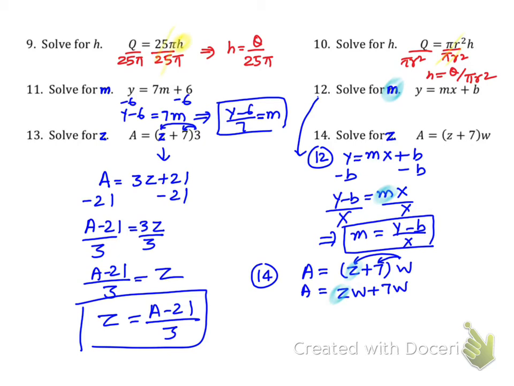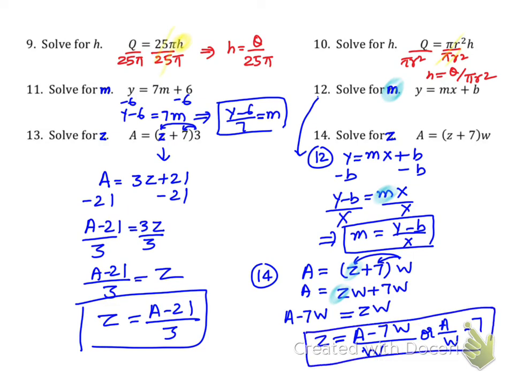When I subtract 7w from both sides, I get a minus 7w is zw. When I divide both sides by w, I get z equal to a minus 7w over w. That's the answer. But if you want, you can write in another way, that you can say a over w minus 7. That could be also figured out as an answer.